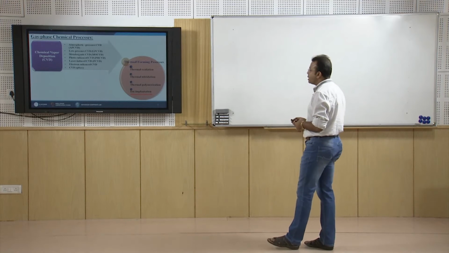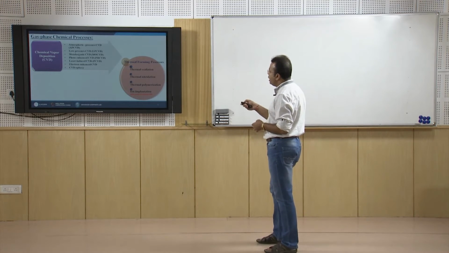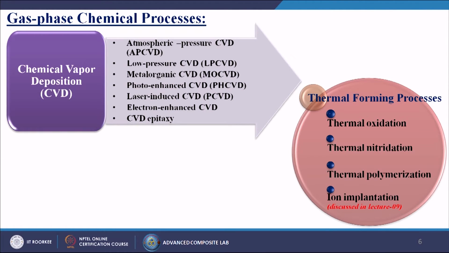Next is the gas phase chemical process. Here we use chemical vapor deposition, which is also divided into different types: atmospheric pressure CVD, APCVD; low pressure CVD, LPCVD; metallo-organic CVD, MOCVD; photo enhanced CVD; laser induced CVD; electron enhanced CVD; and CVD epitaxy.